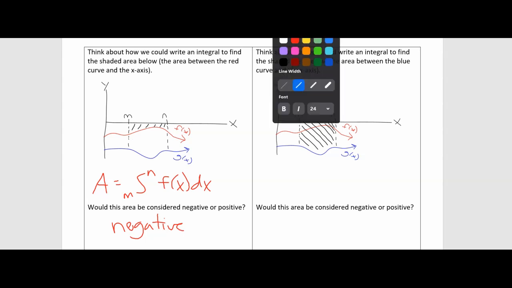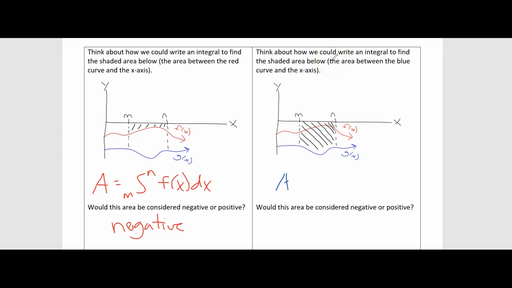If I think about the blue, same idea, same interval, m to n. The only thing we're changing in our integral expression is that we're using g of x rather than f of x. Likewise, this area would also be negative because it is below the x-axis.